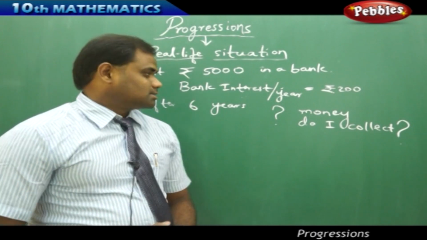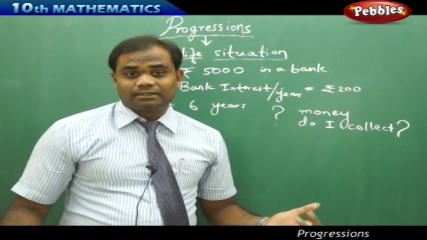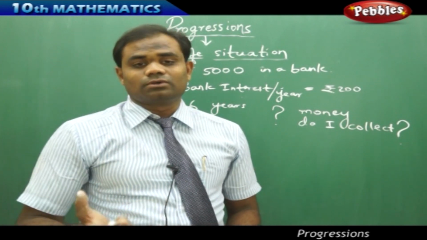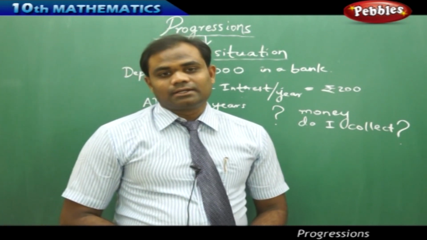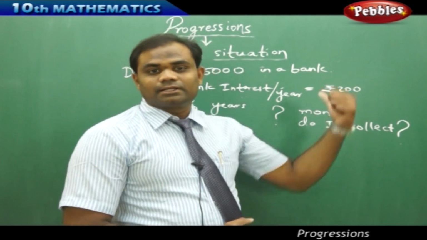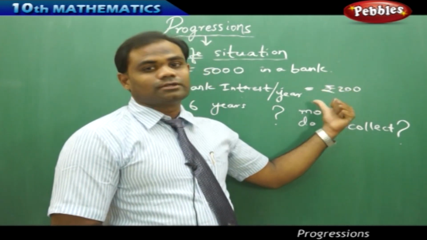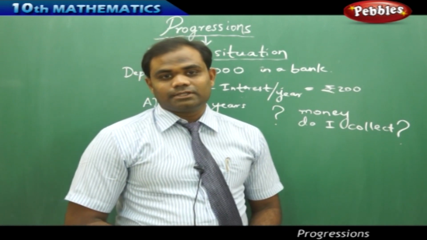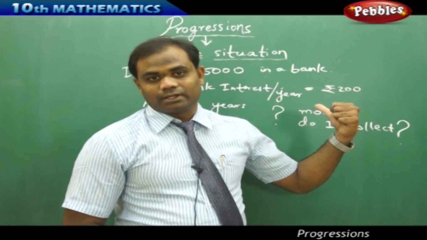And after 6 years, how much money do I collect? These are the transactions which we do in everyday life. Every household deposits money in the bank, and we use, interestingly, the progressions or the patterns in case of this real life situational problem. How do we use it is the biggest question for this real life problem.